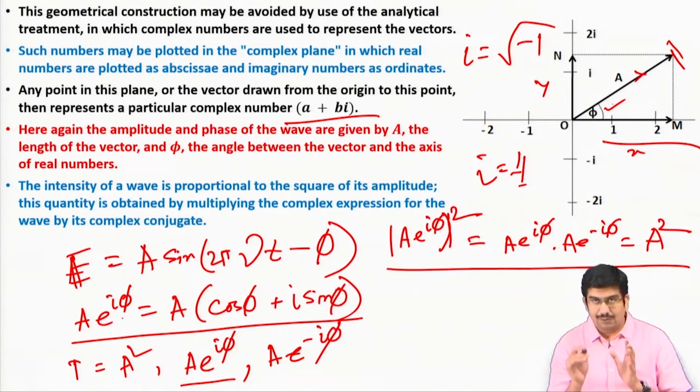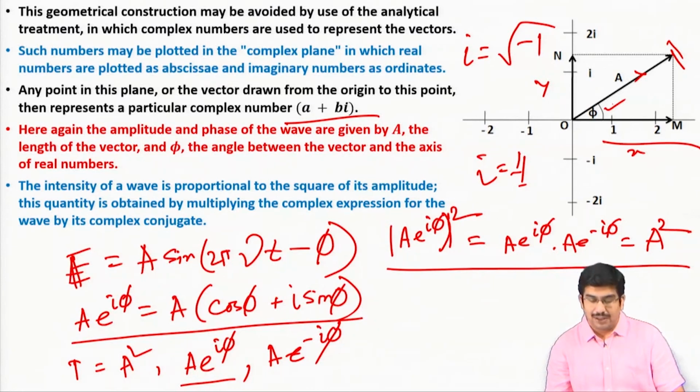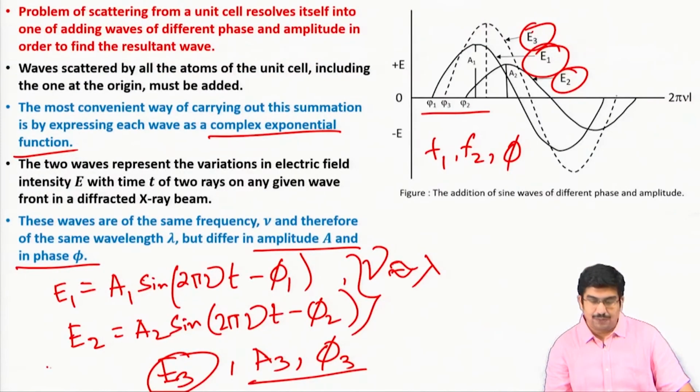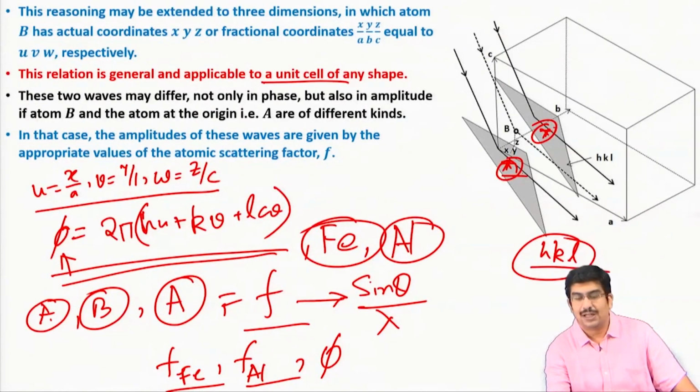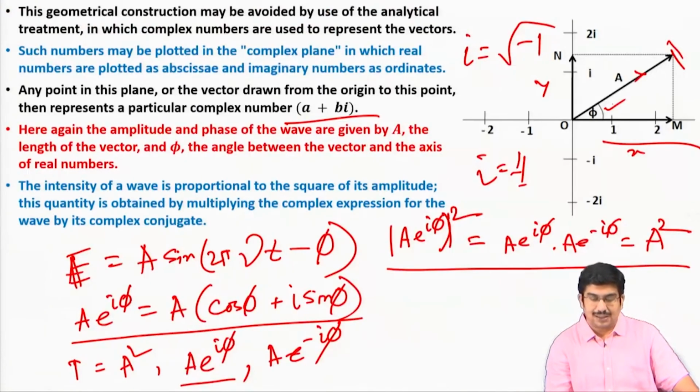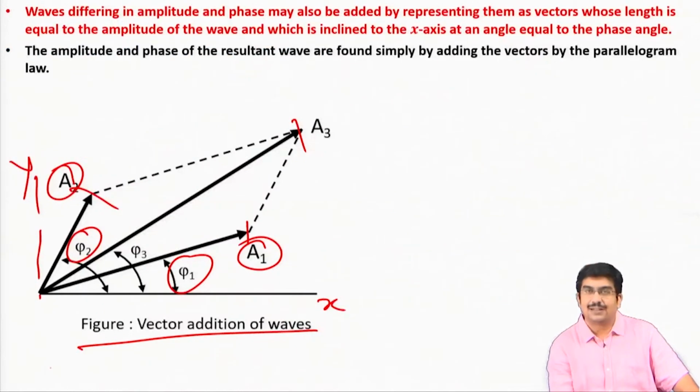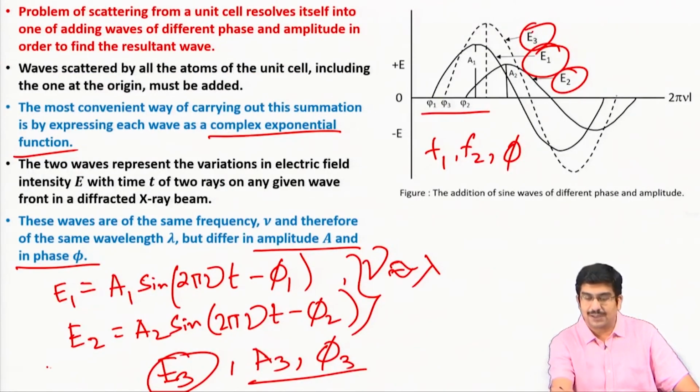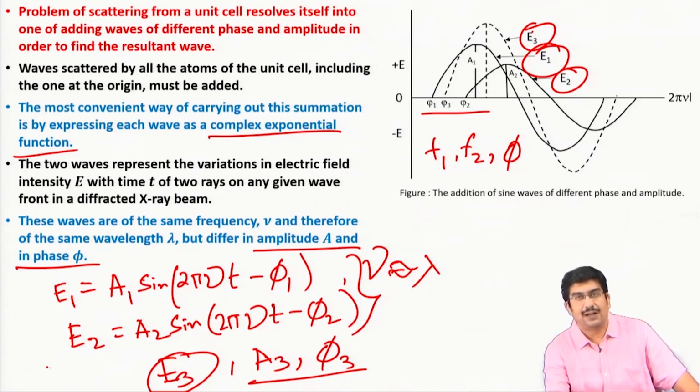So, the importance of this part is to make you understand that any wave in the complex plane, the same waves that we were talking about in the earlier cases here, one wave coming out of this origin and one wave coming out of an arbitrarily defined plane anywhere, these two waves we can just represent either as a vector here, or in this way as sinusoidal waves, and then find out the third one.